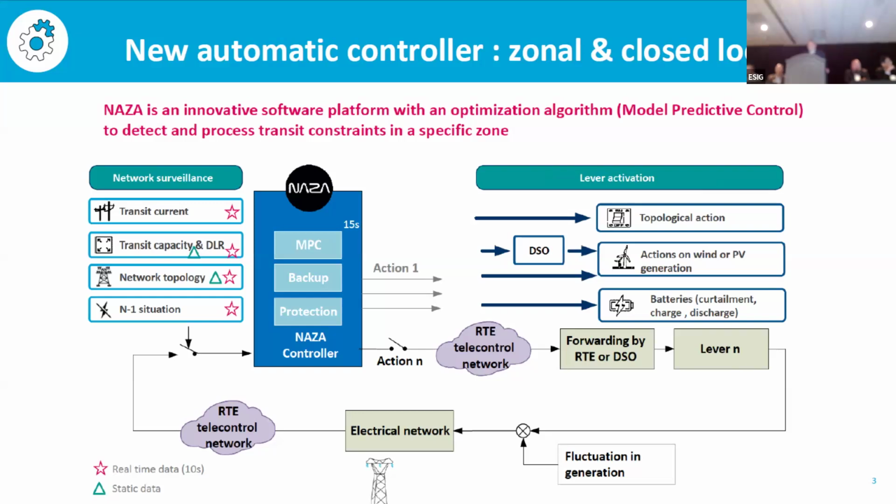So you can reconfigure the network, so do topological actions, which can happen very fast. You can do limitations on the wind or PV generation. You can change the set points of batteries. You can do all these kinds of things.